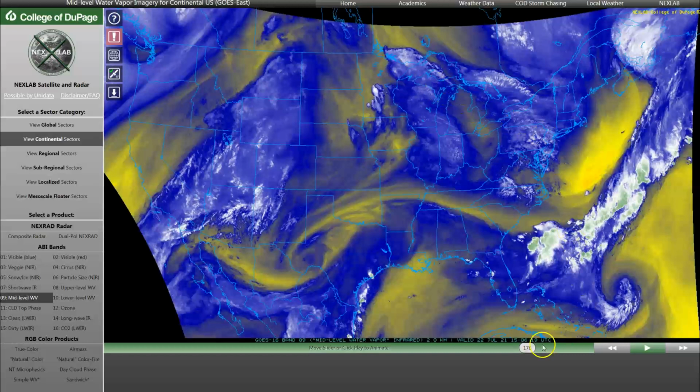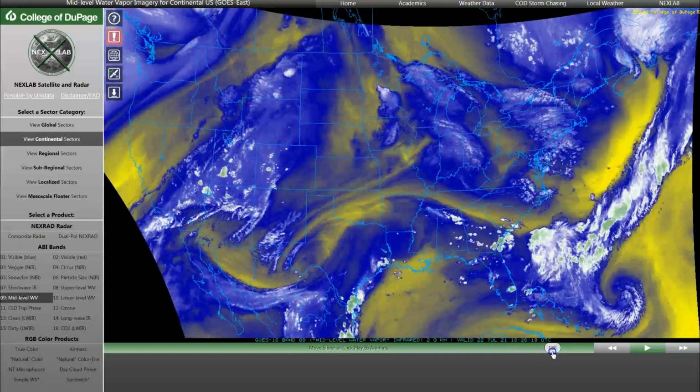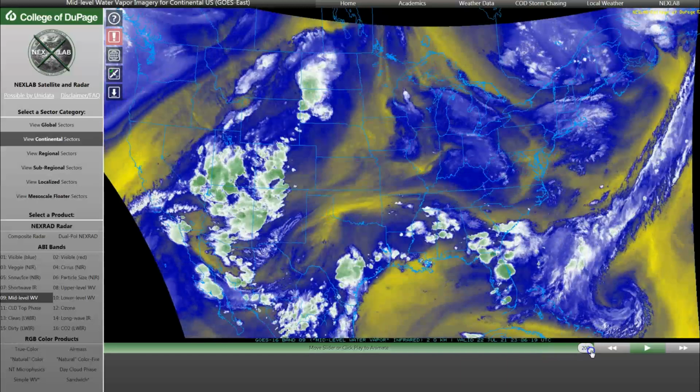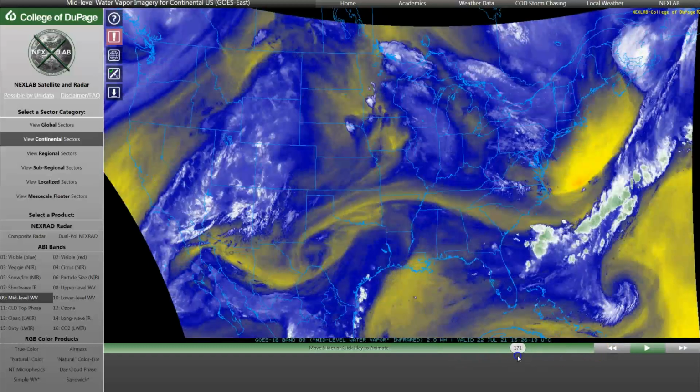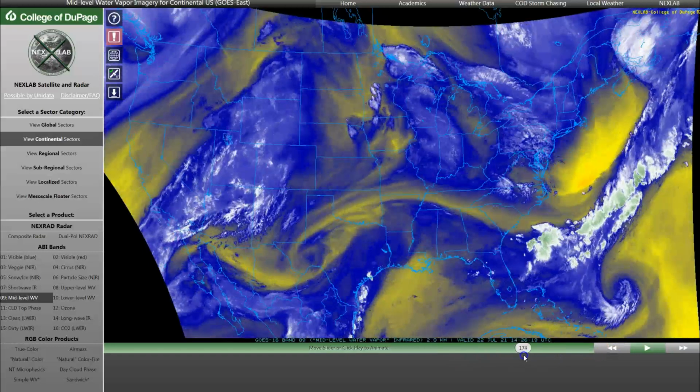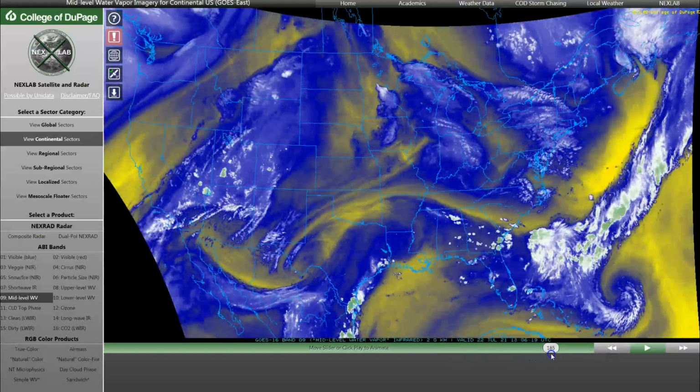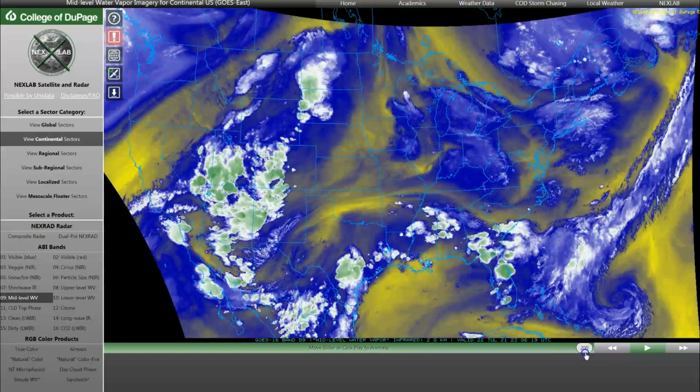It's important to look at this. This is an upper level low that we're monitoring. The National Hurricane Center is probably monitoring this as well, but it's probably going to be pushed out to sea because there's just too much northwest flow here. And the retrograding upper level low, which is very, very visible on the mid-level water vapor channel over Texas. So this tells meteorologists a lot of things.